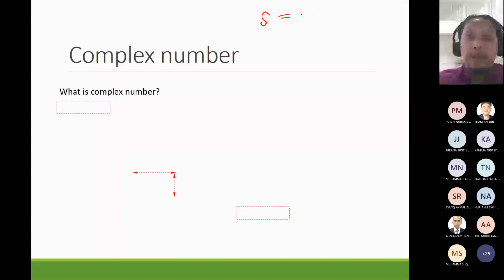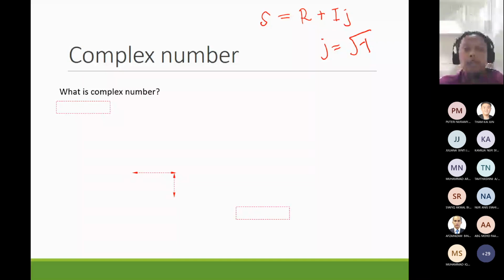So maybe we have a real part and an imaginary part times j, where j is the square root of minus 1. So s can be in the form of a real number plus an imaginary number times j.